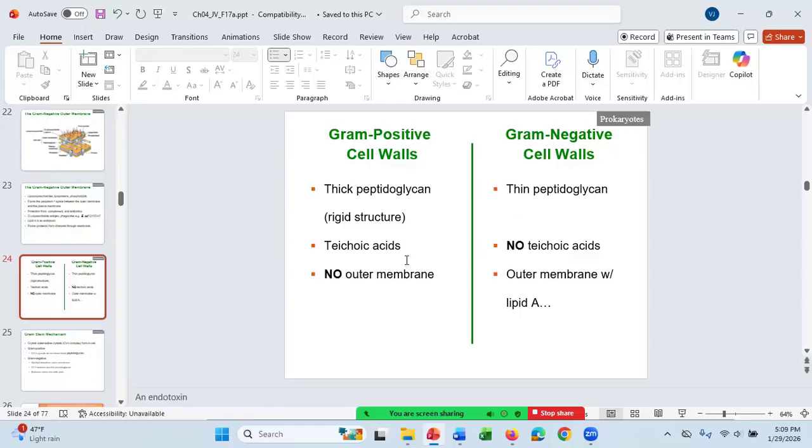The teichoic acid helps hold the peptidoglycan layers together. There is no teichoic acid in the gram-negative cell wall. There is no outer membrane in the gram-positive cell wall. There is an outer membrane in the gram-negative cell wall, and that outer membrane contains lipid A, an endotoxin. Any question about any of that?